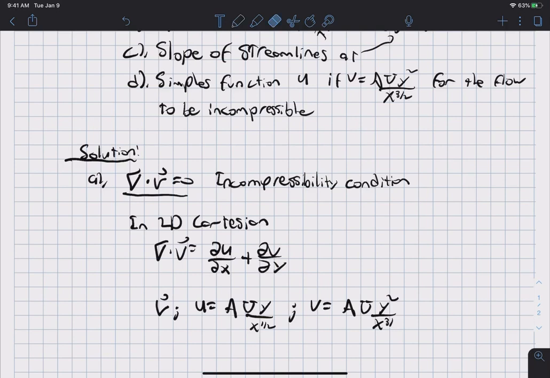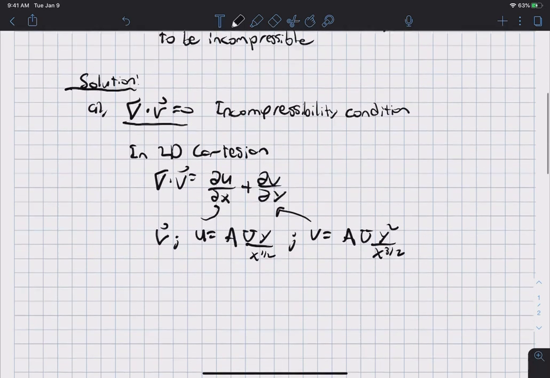Oops, that's a bad half, so we'll just do it over here. Okay, so now all we do is we just stuff u and v into the partial derivatives and check if it's equal to 0.